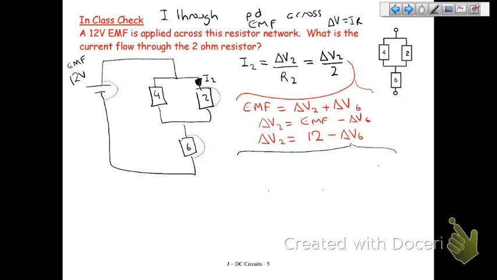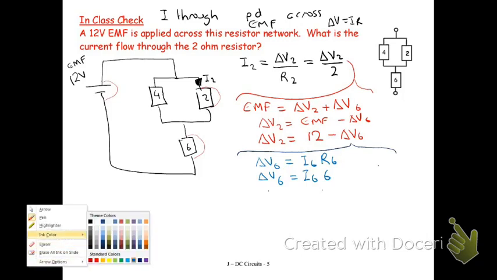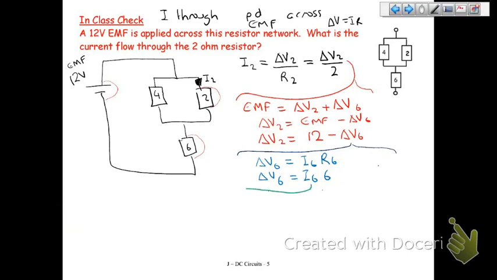Well, I'm back with V equals IR. So delta V6 is equal to my current flow across the 6 times the resistance of the 6, so delta V6 equals my current flow across the 6 times 6. I've still not got it. But if I knew the current flow across the 6, I could get it.